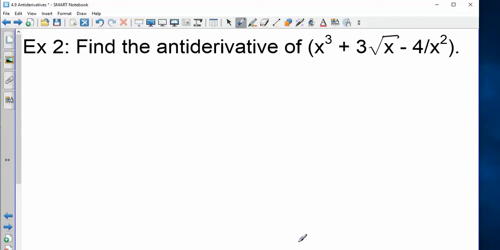Just like when we did a derivative, we usually would rewrite it without radicals and fractions if we could, just kind of make it easier to think about. So I could write this one as x cubed plus, how would I write square root of x? 3x to the 1/2 minus 4 over x squared, that would be like 4x to the negative 2.